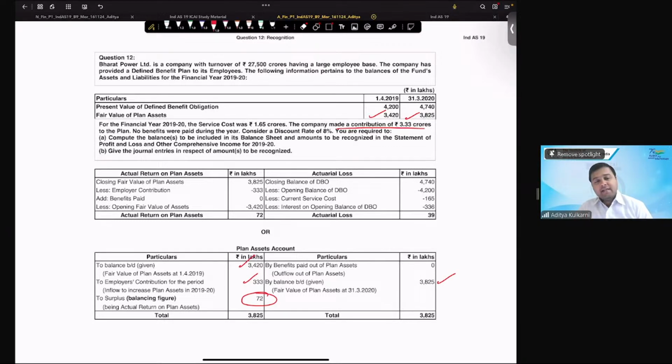What is this 72 lakhs? This is your actual return on plan assets. Actual return comprises of two things.